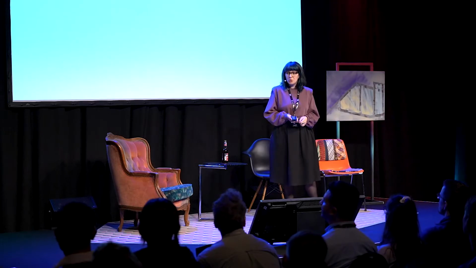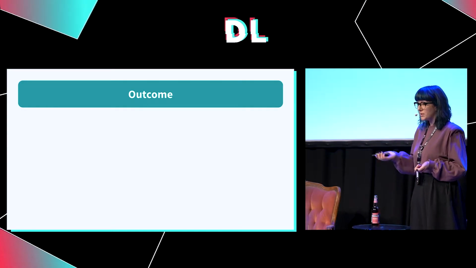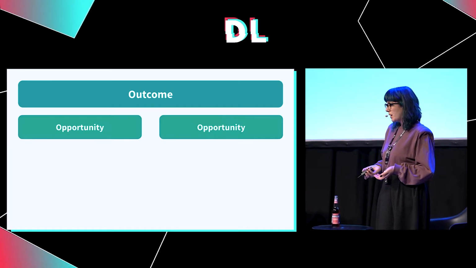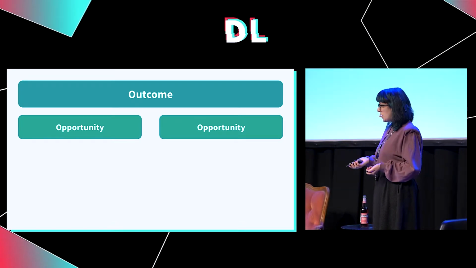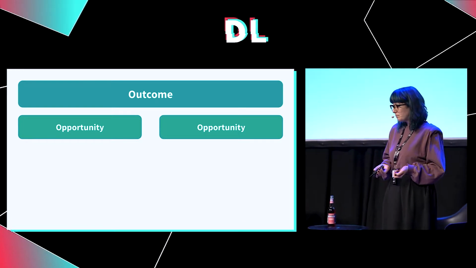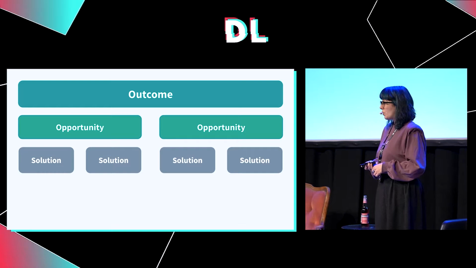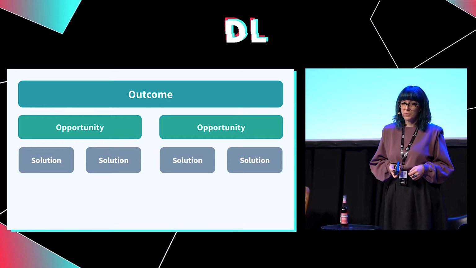And an opportunity solution tree has 4 distinct levels. The first one is the outcome. That is the goal we are trying to achieve. Then there are opportunities, which are about people, their needs, their desires, their pain points. Solutions are ways to address a pain point or solve a problem or fulfill a desire for our customers.